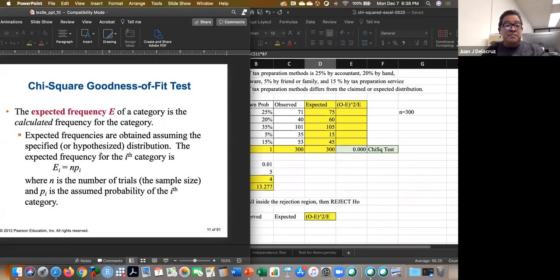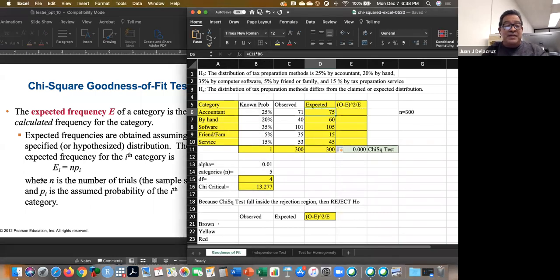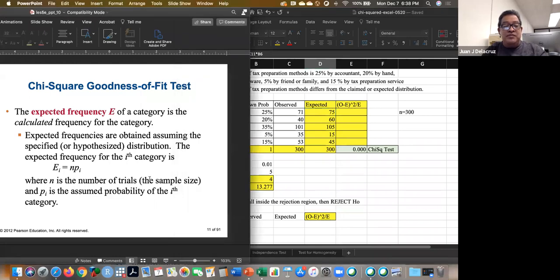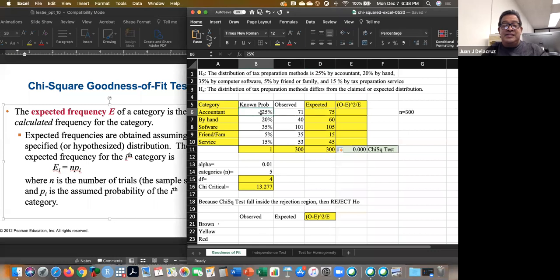The expected frequency for the ith category, so this expected value is going to be the sample size times the probability that we know, right? So in this case, n is the number of trials, basically the sample size, and p is the assumed probability for the ith category. This is the category for accountants. So I'm going to multiply the sample size times the category of accountants.